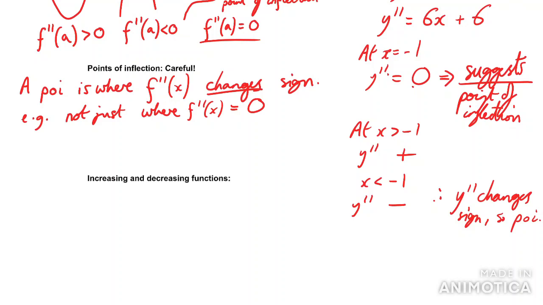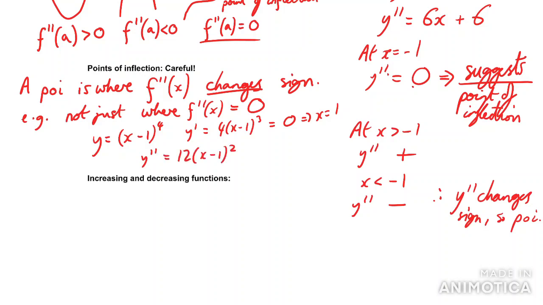So if y equals x minus 1 to the 4, well, then we get y dash is equal to 4 times x minus 1 cubed. And if we set that equal to 0, we find that x equals 1 is our stationary point. And y dash dash is going to be 12 times x minus 1 squared.